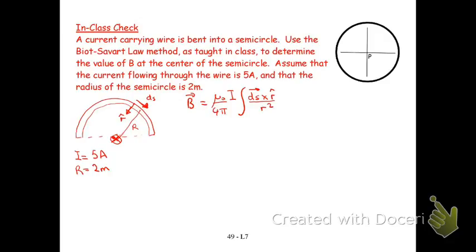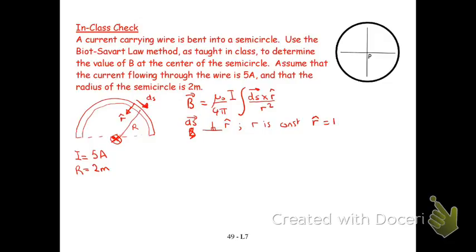And then I go, okay, well, B, I'm going to do a couple of things first. If you notice this, ds is perpendicular to r hat. R is constant. R hat equals 1.